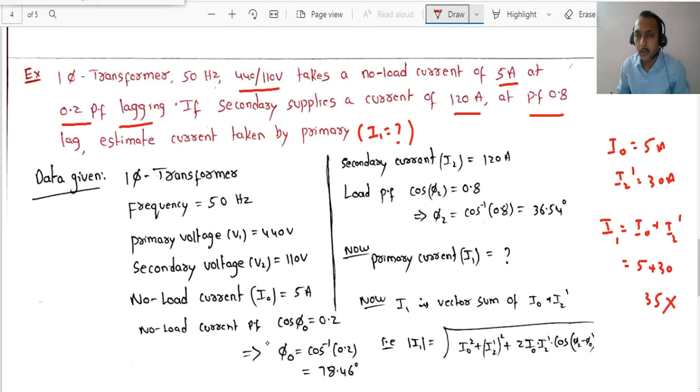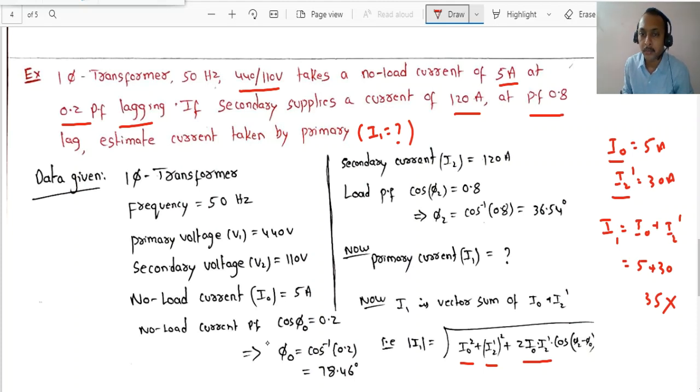Do you remember the parallelogram law? Square root of I0 square plus I2 dash square plus 2 times I0 I2 dash into cosine of the angle. Now there will be some angle between I0 and I2 dash. That angle is important and is to be considered. Dear students, I repeat again, don't think that I0 is 5, I2 dash is some 30, and I1 is the sum of those two.